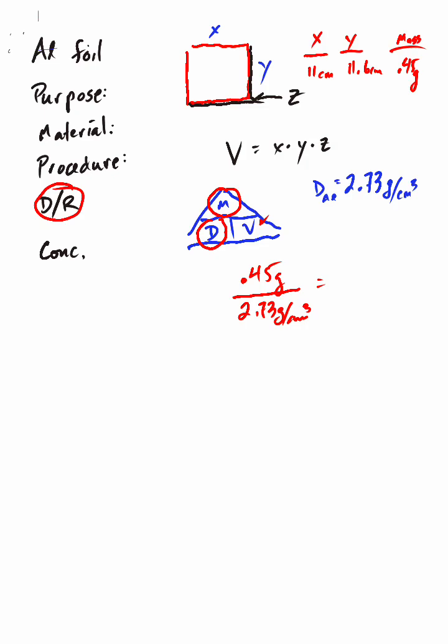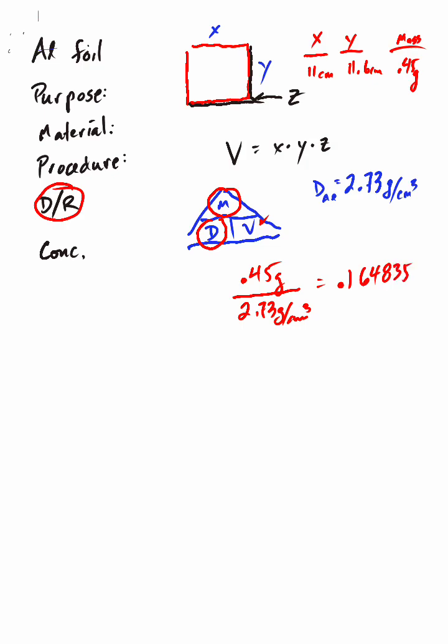Okay, I'm going to try that one more time just to make sure I'm not messing up. 0.45 divided by 2.73, and the calculator says a lot of things here, but let me put them all down: 0.164835 and some change.